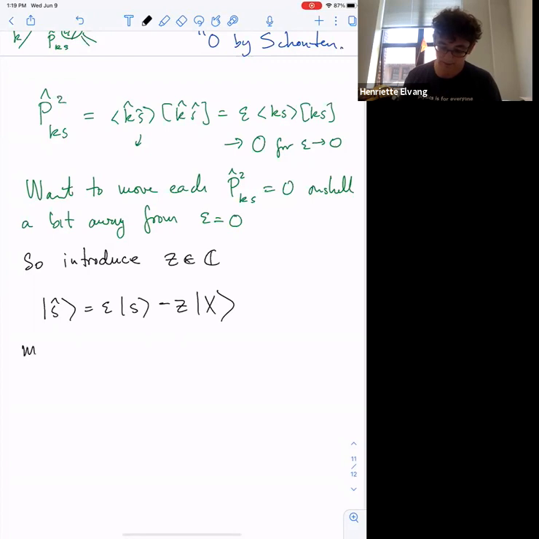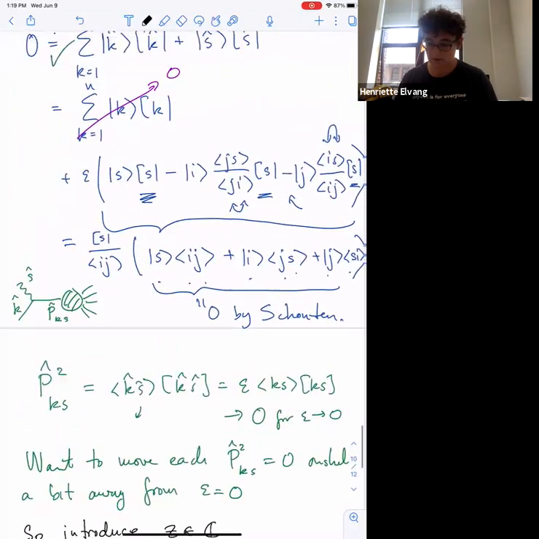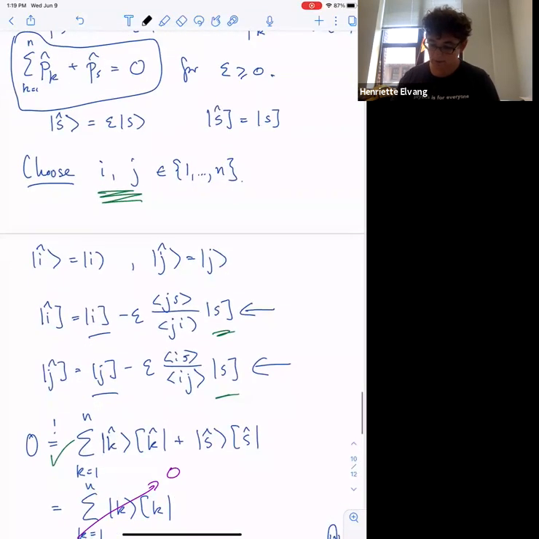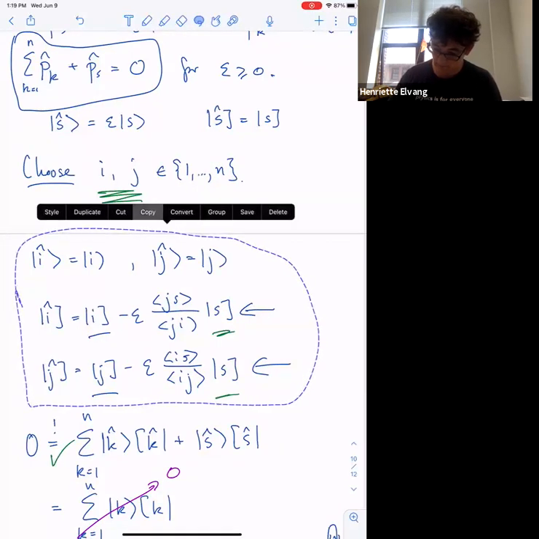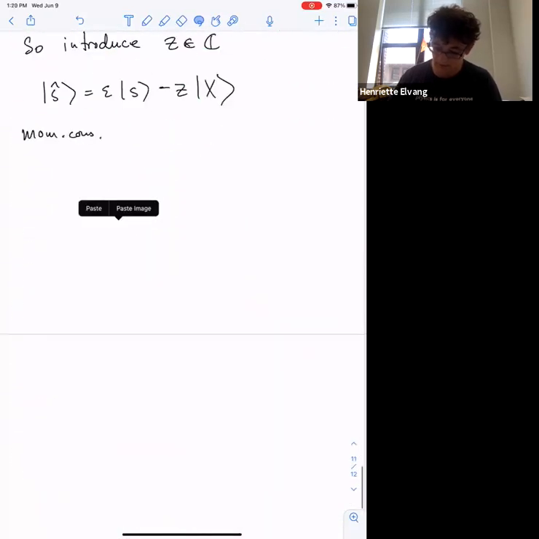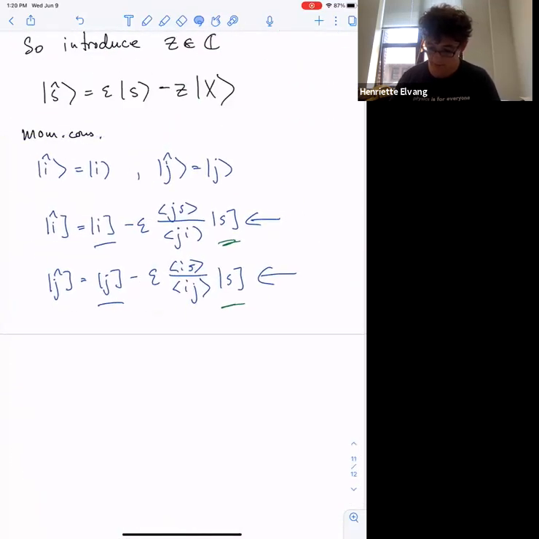And so then momentum conservation requires that I similarly shift 2 other lines, and I can do it with the same i and j. So let me go up here and steal my expressions. And I'll do it in a way that is very parallel to what we had before.